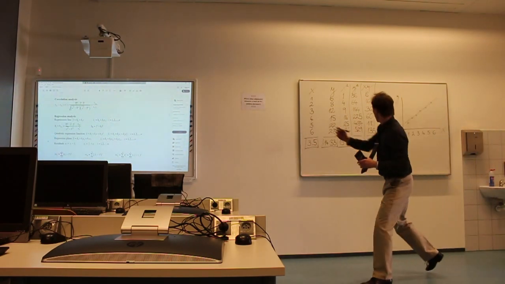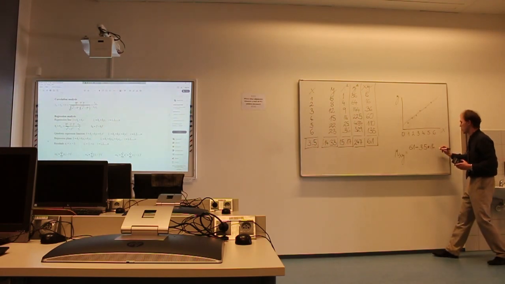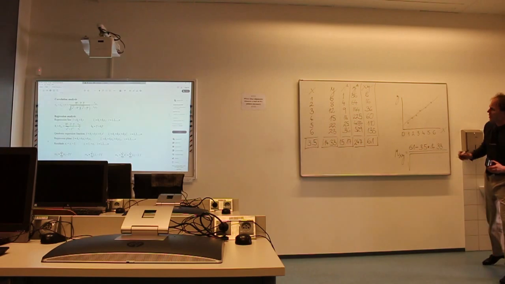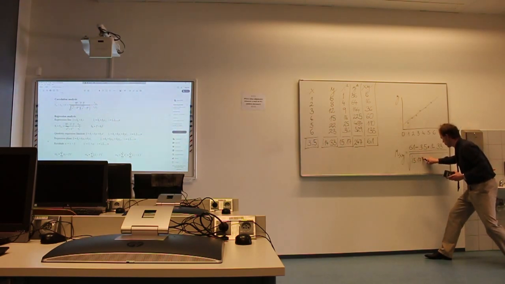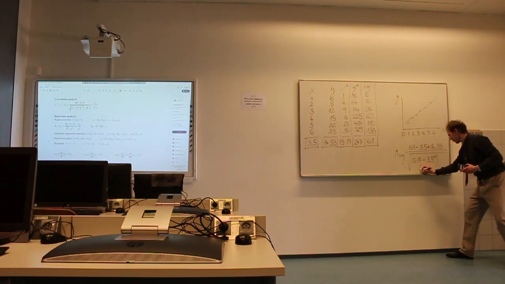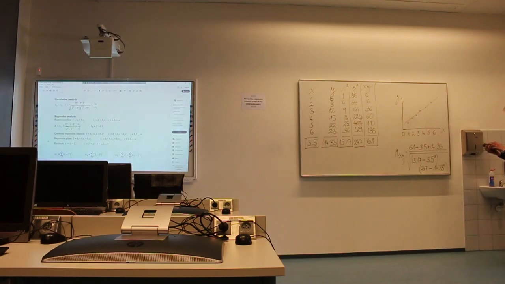In the numerator, 61 minus 3.5 times 14.73, divided by the square root of: the second power of x, 15.17 minus 3.5 squared, times y squared, 247 minus 14.73 squared.